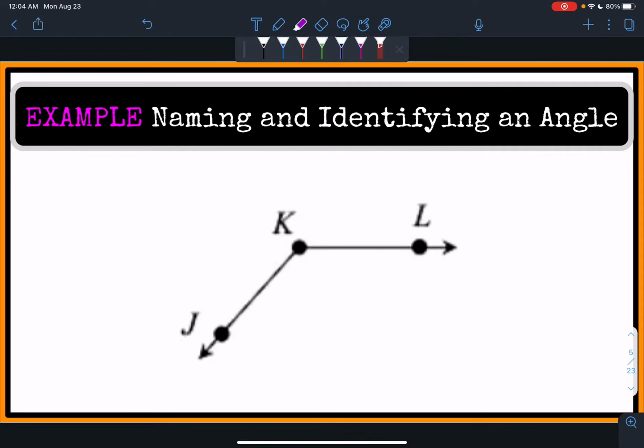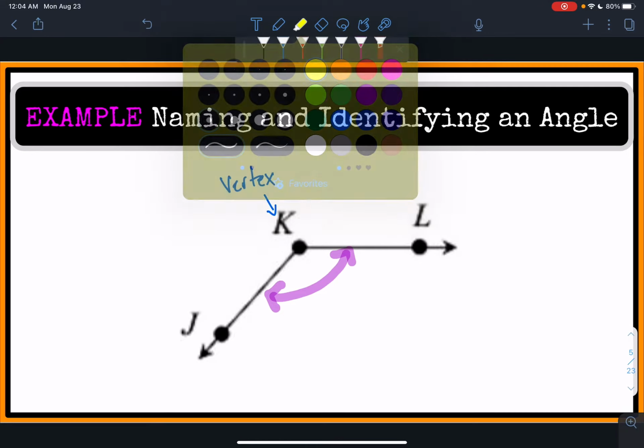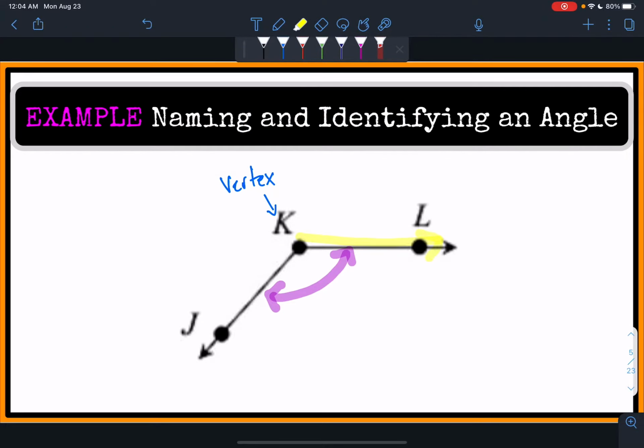So in this case, if this is the angle going in this direction, upwards or downwards, or from left to right, the center point, K, is referred to as the vertex, while the two sides, K to L and K to J, are referred to as the sides of the angle.